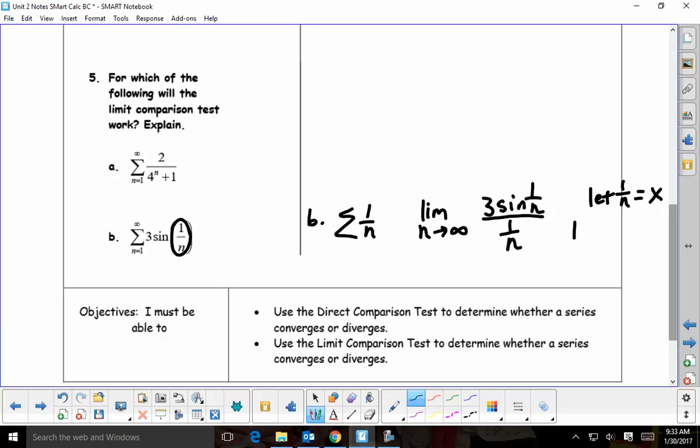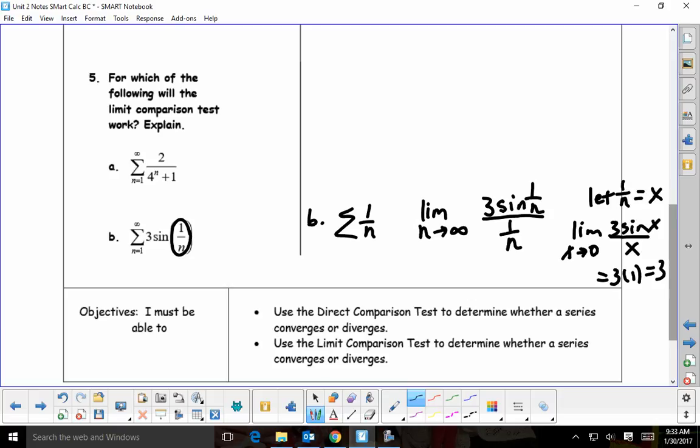Okay, so did you get the limit as x goes to 0 of 3 sine x over x? That would be 3 times 1, which is 3. That's our special limit, right? Sine x over x as x goes to 0. Or you could have done L'Hopital's.